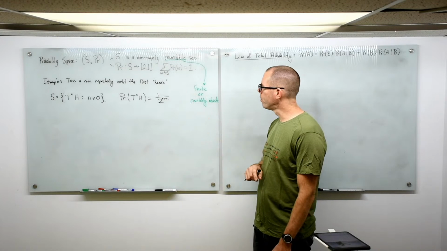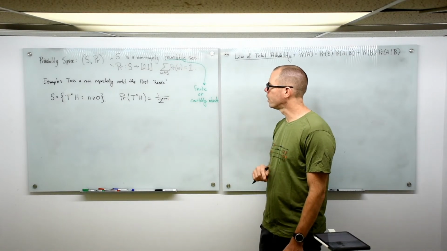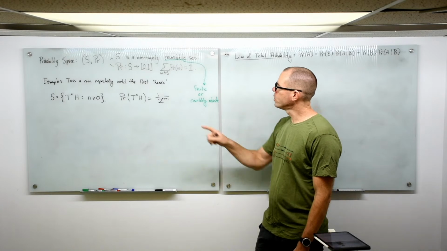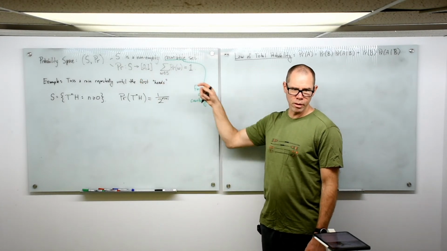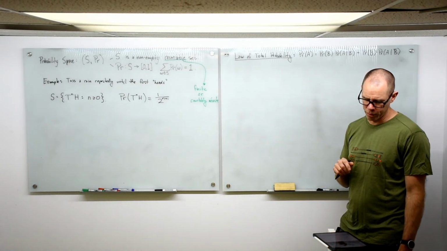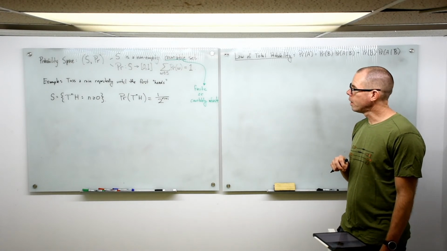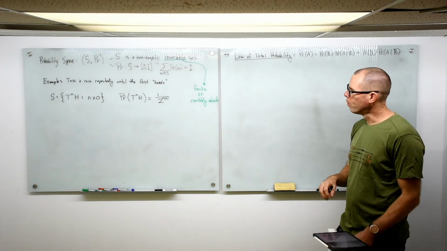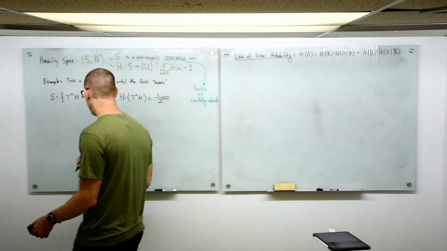Its maximum value is when n equals 0, in which case it's a half. So it satisfies this part, but to be a probability measure, it also has to sum up to 1. So if we sum over all the individual outcomes, then we should get 1. So we should check that just to make sure we haven't done anything weird.